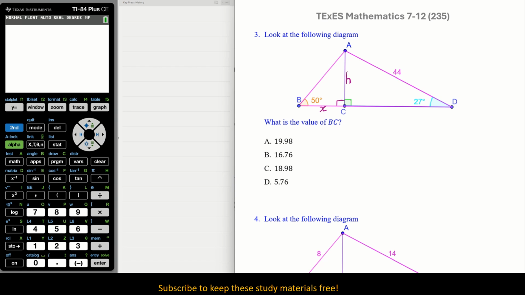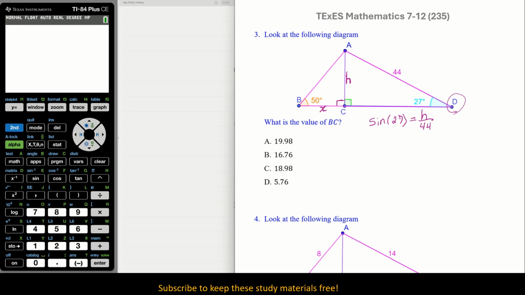Absolutely, because we go over here to D, and with D, the height would be opposite over hypotenuse, which is sine. So we know that we can get H. So sine of 27 equals H over 44.